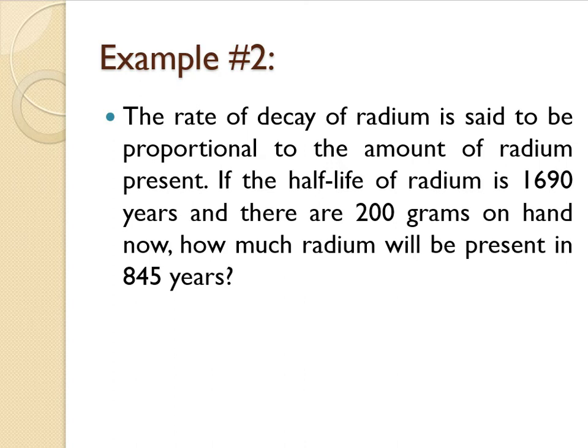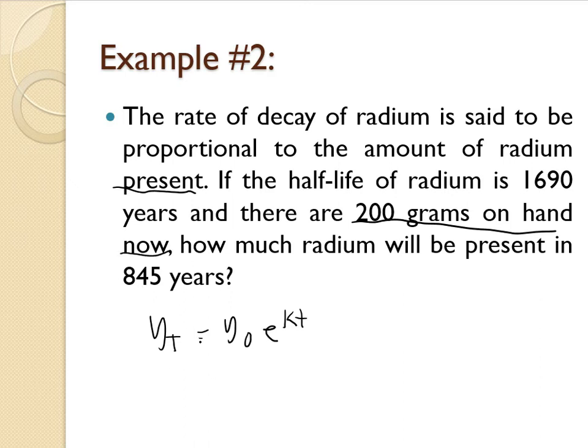So again, we write the general equation: y sub t equals y sub 0 times e raised to kt, where y sub t is the population at any time t, y sub 0 is the initial population, k is the relative growth rate, and t is for time. Okay, at present, sabi dito, there are 200 grams on hand now.